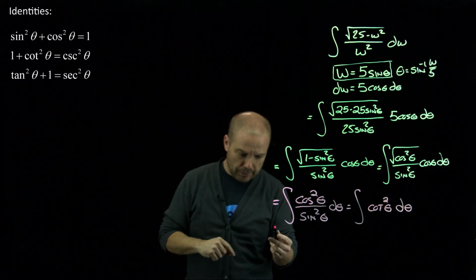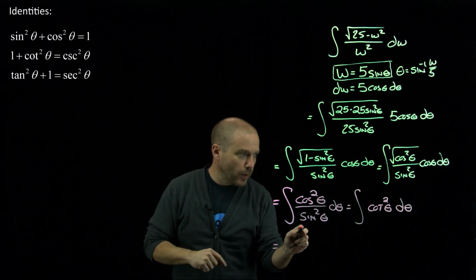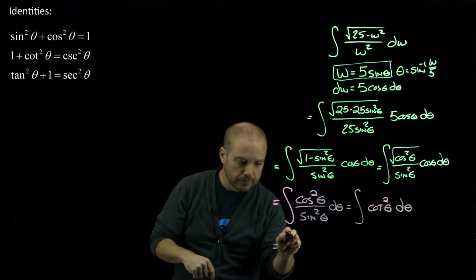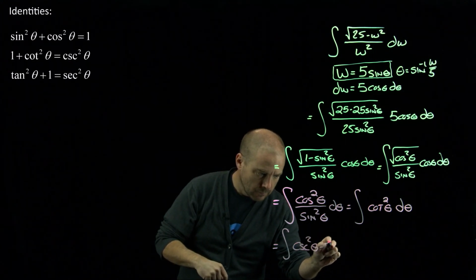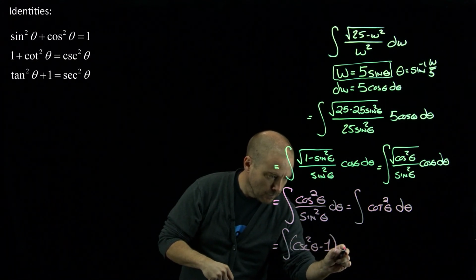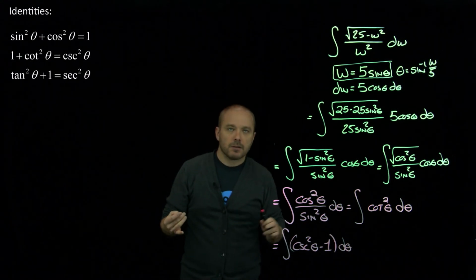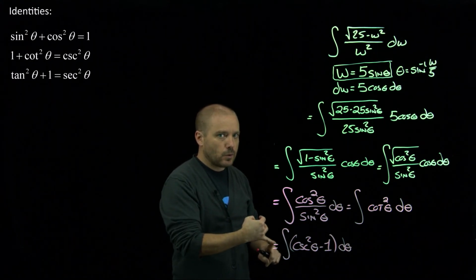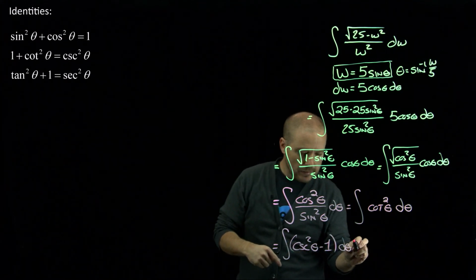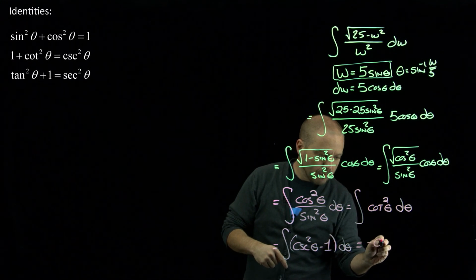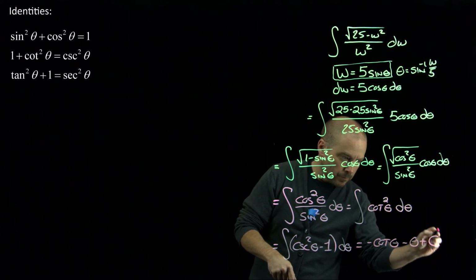That was how we handled powers of tangent. So from our identity, cotangent squared would be cosecant squared minus 1. And remember from Calc 1, derivative of tangent, secant squared, derivative of cotangent, negative cosecant squared. So this is negative cotangent theta minus theta plus a constant.